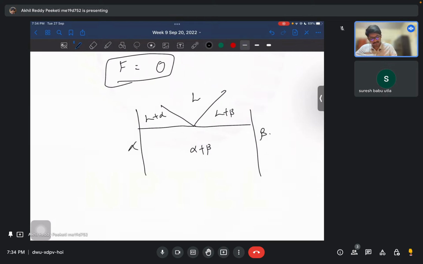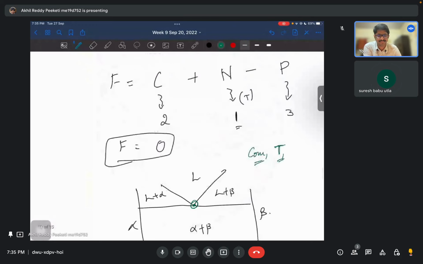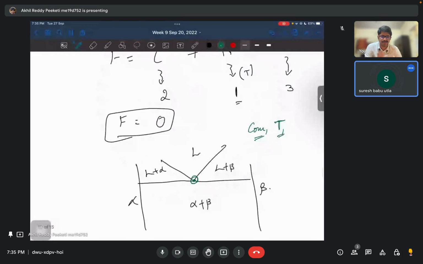The eutectic point is basically this point, right? Degrees of freedom basically means what are all the variables that you can change, like composition and temperature. In phase diagrams, we don't consider pressure. So what can we change so that we still stay in the same phase mixture?